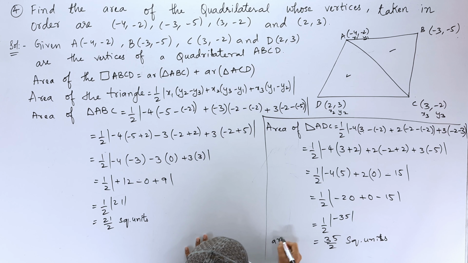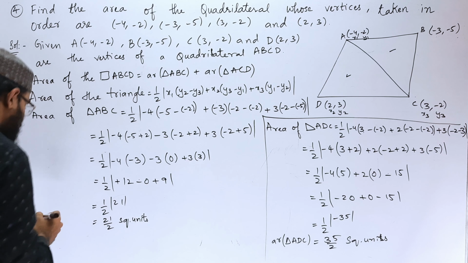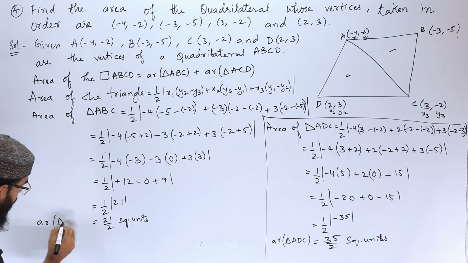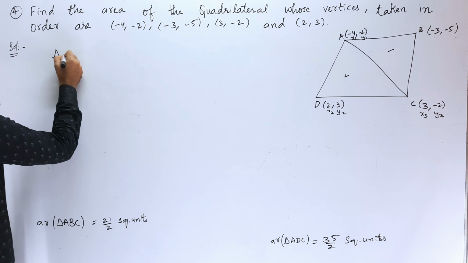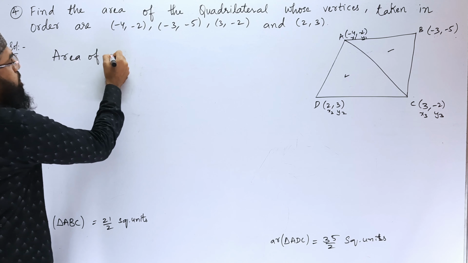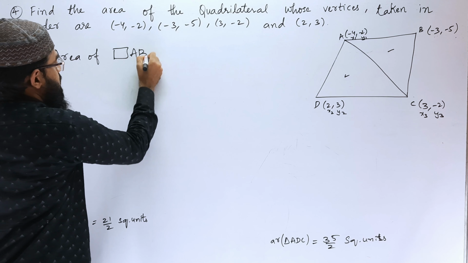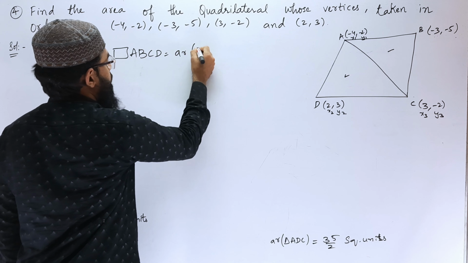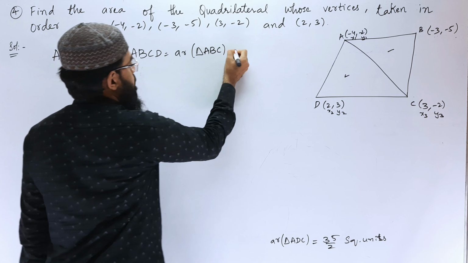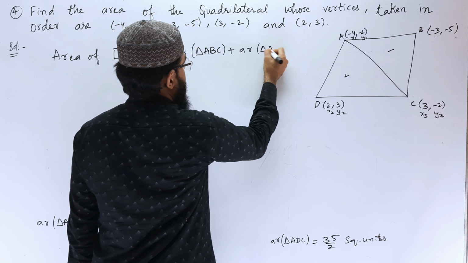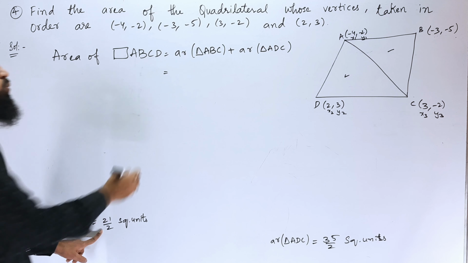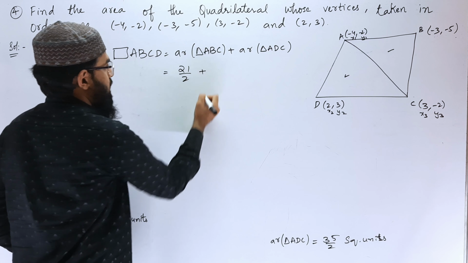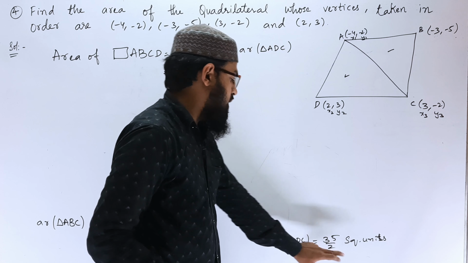So this is the area of the triangle ADC, and this one is the area of the triangle ABC. Area of the quadrilateral ABCD is equal to area of the triangle ABC plus area of the triangle ADC. So area of the triangle ABC is 21 by 2 plus area of the triangle ADC, 35 by 2.